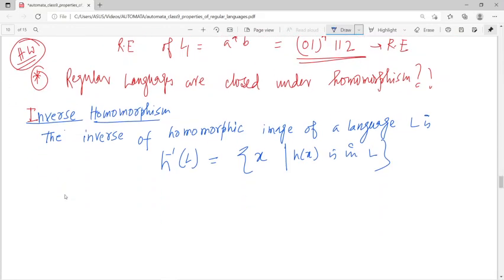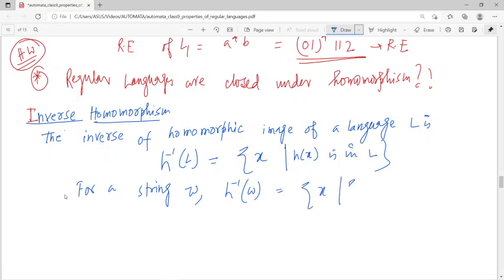I will see it by example. That means for a string W, we have to find the homomorphic image, then x, and here hx should belong to the language. That means we only find the value of x when this homomorphic image should be in the language. Take an example, then it would be clear, I think so.